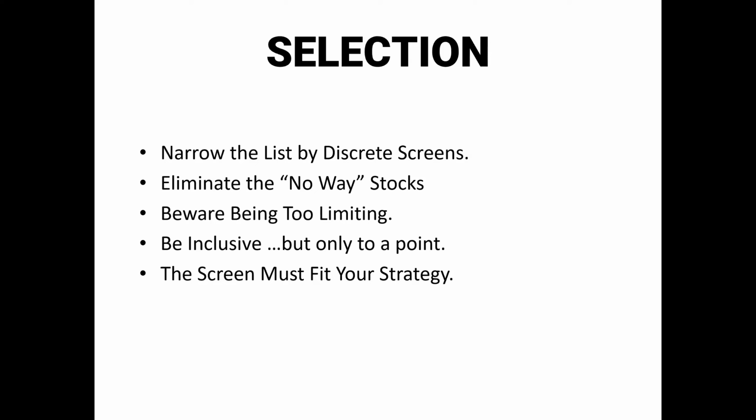Like what if you have 10 criteria that you're really wanting, and one stock only meets 9 of them, but still it's off your screen because you required 10. Okay, you could be missing NVIDIA. So the point is, you need to have some kind of rhyme or reason to your screen. But this is the way I look at it.